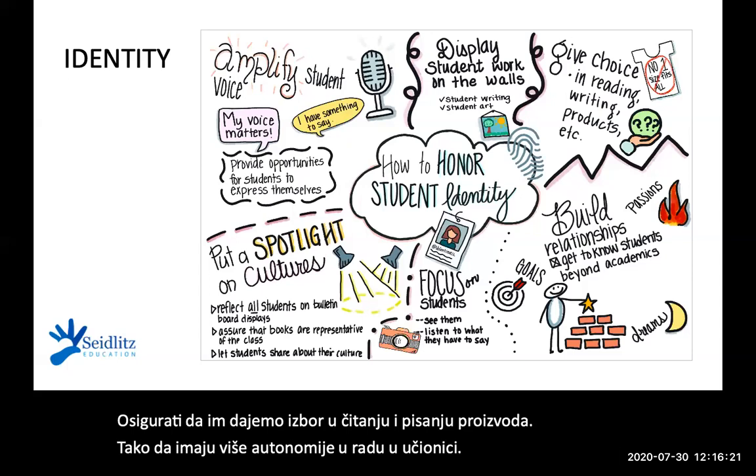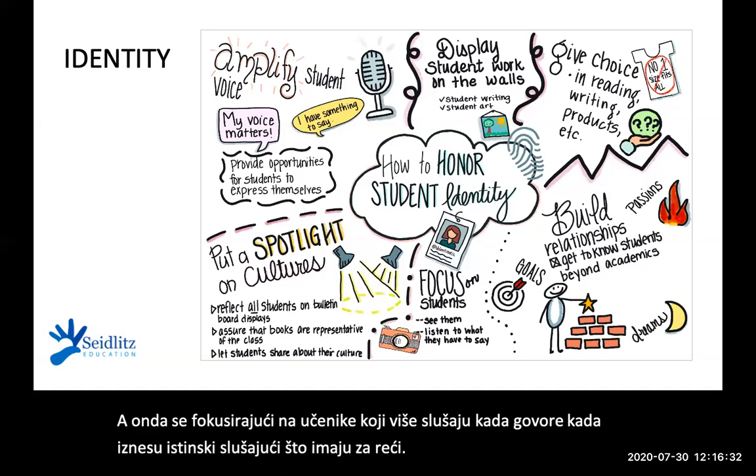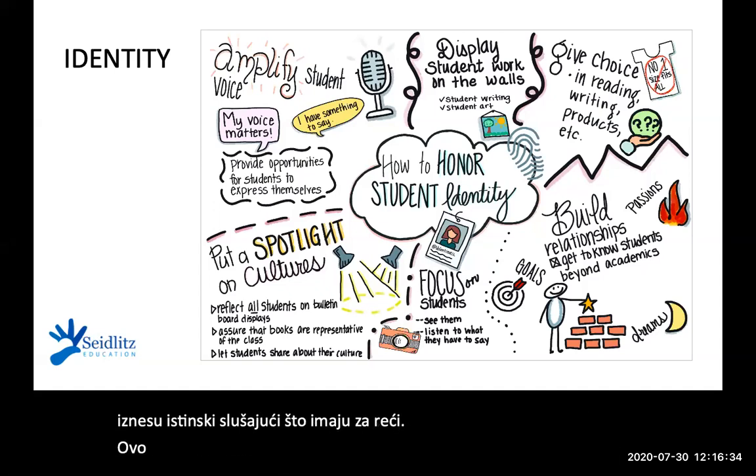And then focusing on students, listening more when they talk, when they share, truly listening to what they have to say. These are some key ways to get to know our students and their passions and where they're coming from.